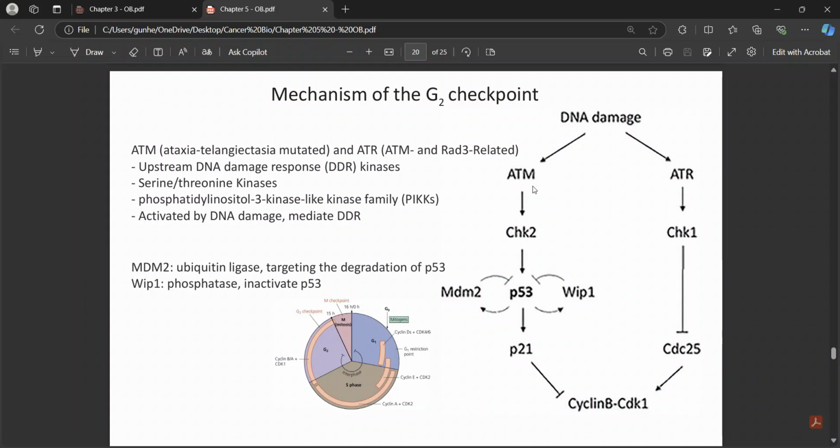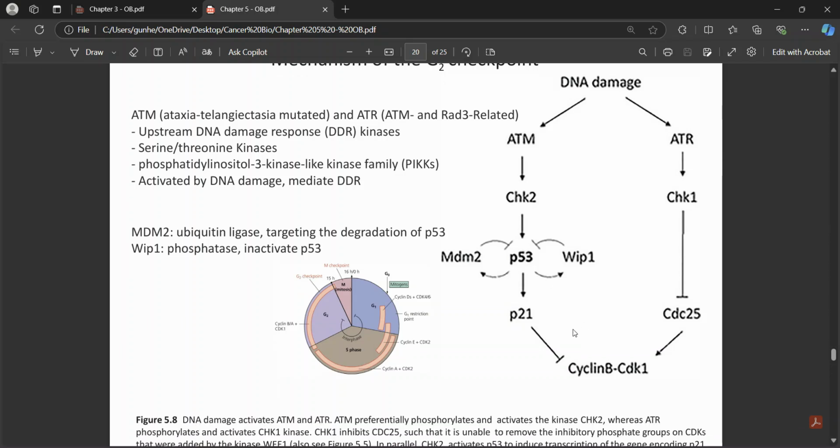DNA damage causes ATM, and ATM goes to CHK2, and then it goes to P53, and P53 goes through the feedback loop with MDM2 and WIP1 and activates P21, and P21 inhibits cyclin B and CDK1, which is in the G2 phase.